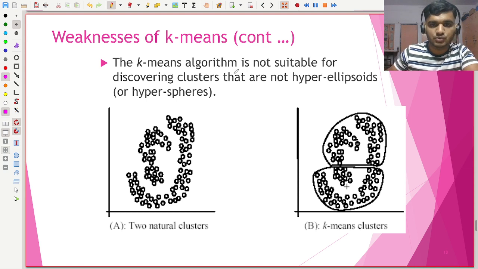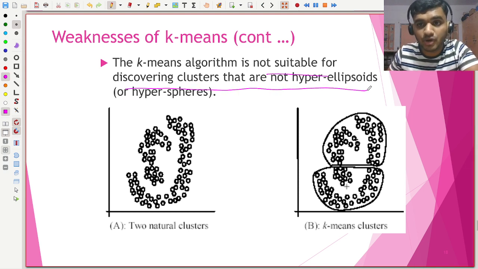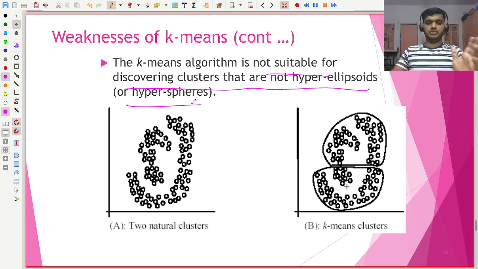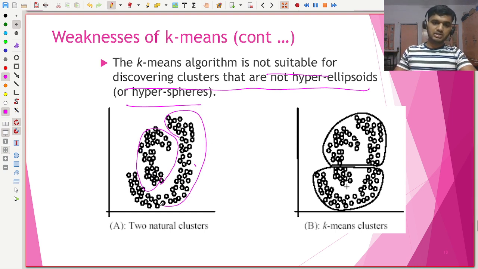The k-means algorithm is not suitable for discovering clusters that are not hyperellipsoids or hyperspheres. Here, if you define the clusters, maybe it will be one cluster, maybe another cluster, so it cannot be defined.